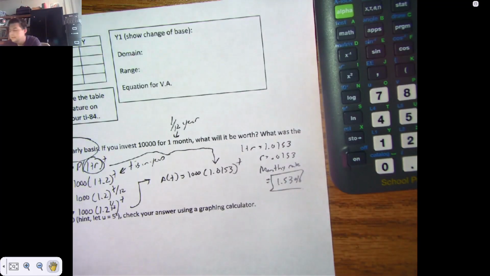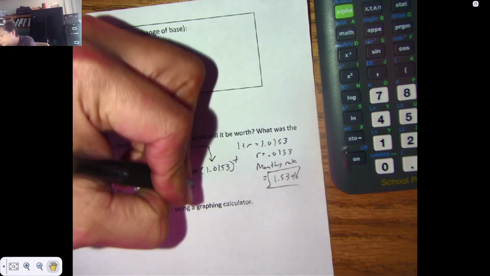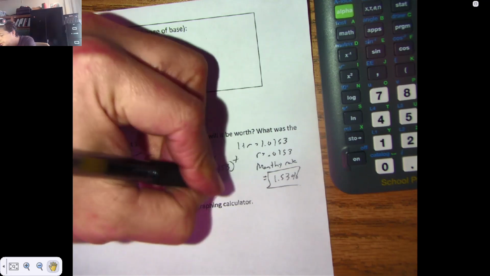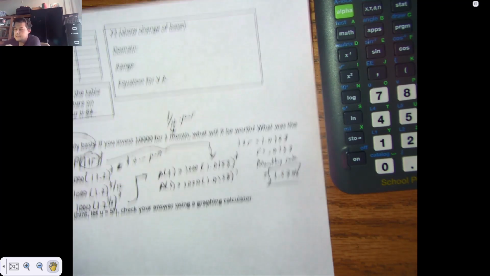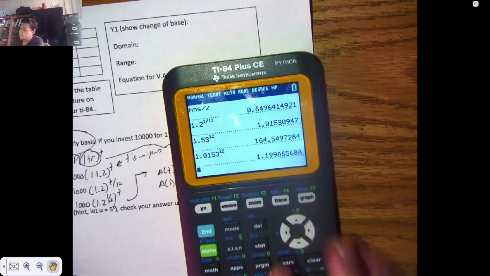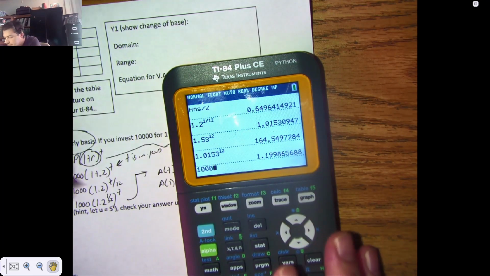Anyways, how much money have I got? Well, I guess I need to plug a 1 in here. Although, I don't know. You should be able to figure this out without doing that. But a 1 has to be plugged in there. All right. Should earn about $153 in interest. Let's see. It was 10,000, wasn't it?